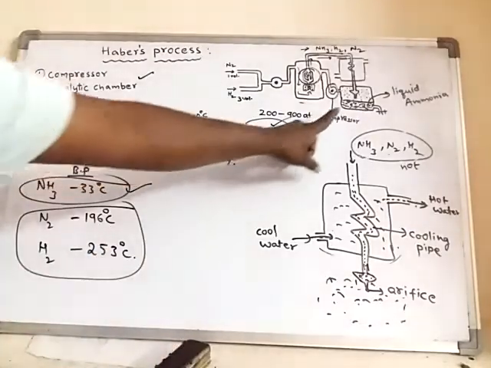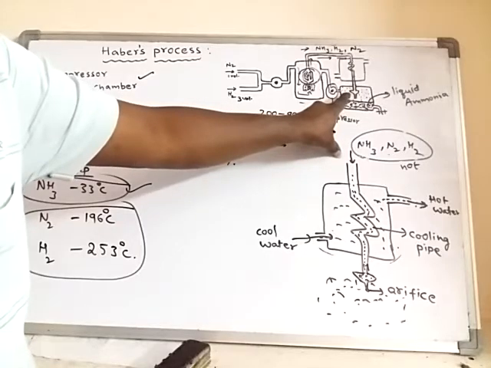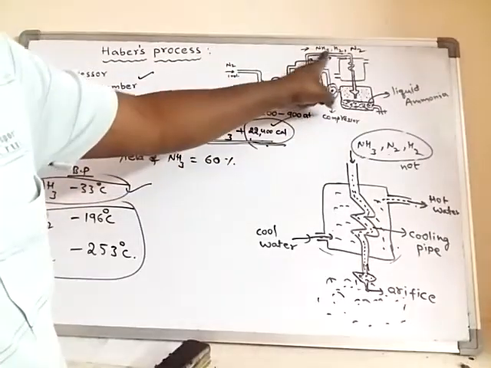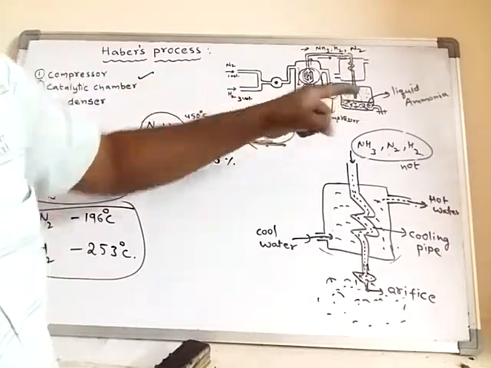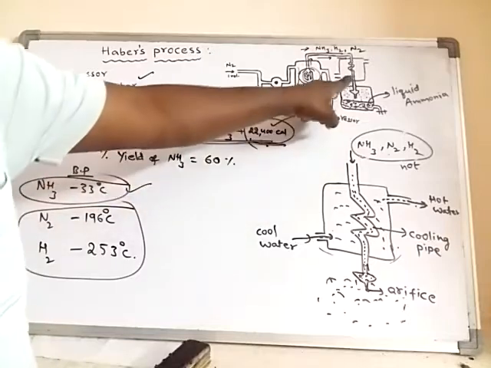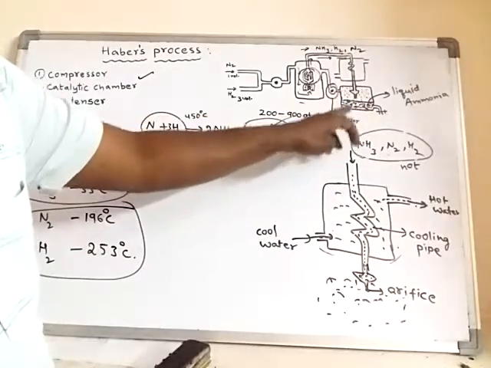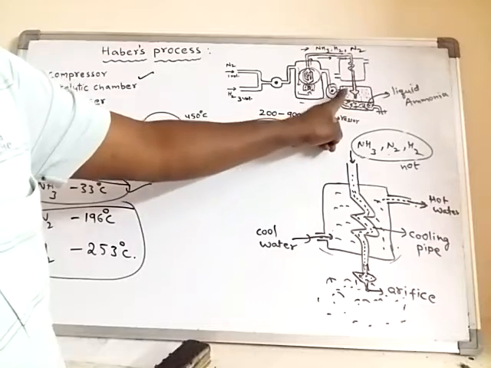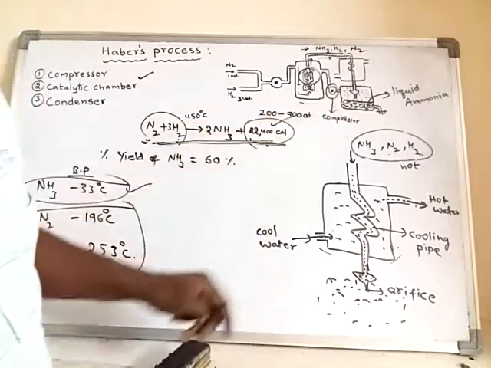The nitrogen and hydrogen gases released here will slowly enter into the compressor, because during liquefaction the pressure has decreased, since some amount of ammonia is removed. The pressure of nitrogen and hydrogen decreased to a large extent.